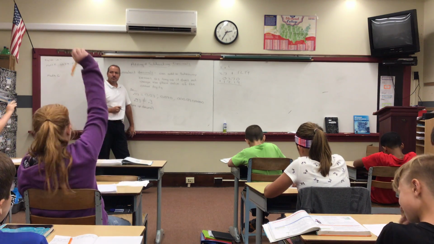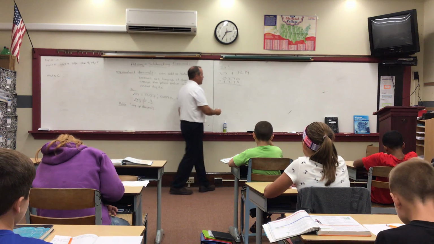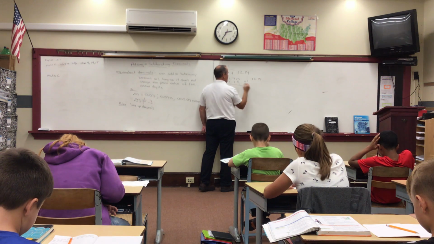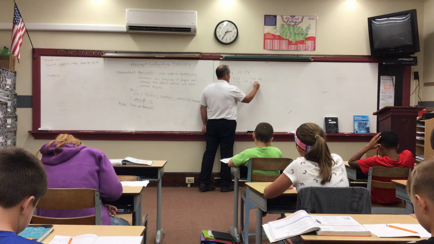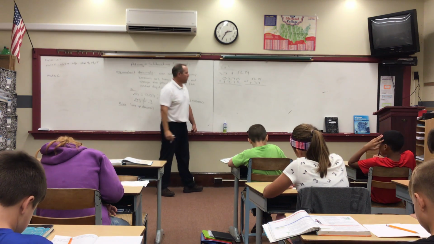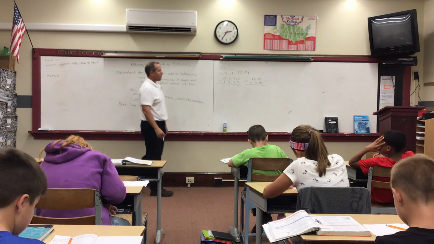We can switch the order around. If you wanted to, you could put the 12 and 19/100 on top, plus the 3 and 7/10 on the bottom. And then once again, if you wanted to, you could put the 0 back here. But we must make sure that the decimals line up.